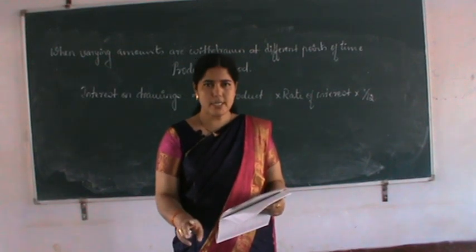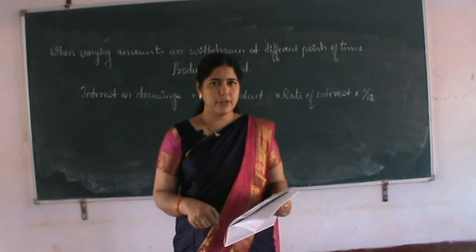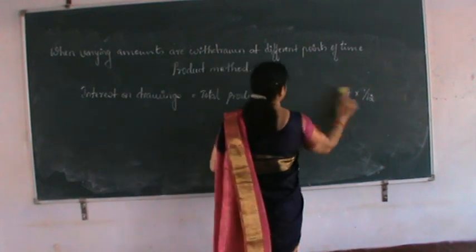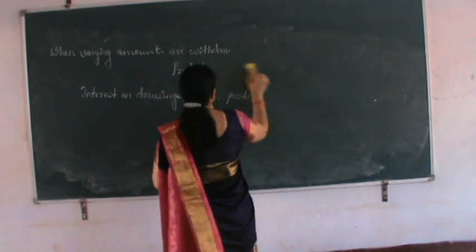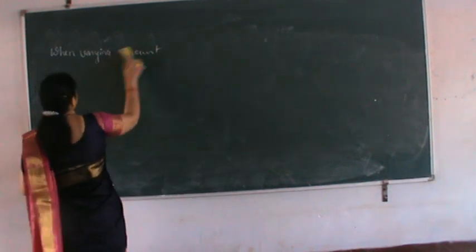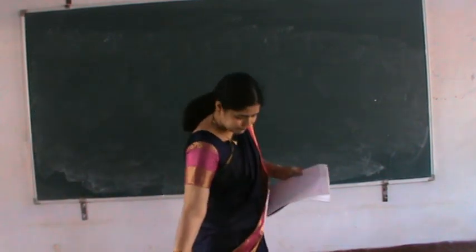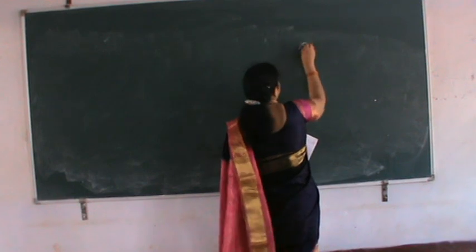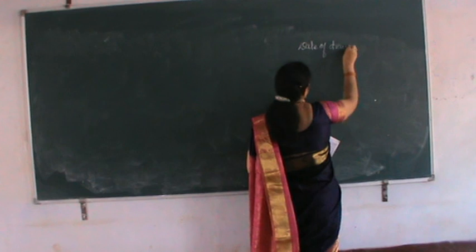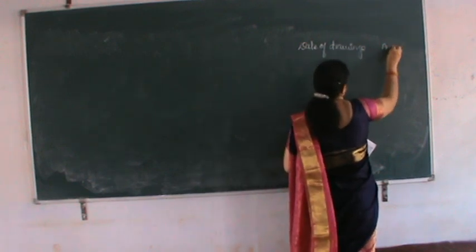There are 2 partners, but only one partner is making the drawings here, and the details of that drawing are given. Here we are given the date of drawings and the amounts of drawings.